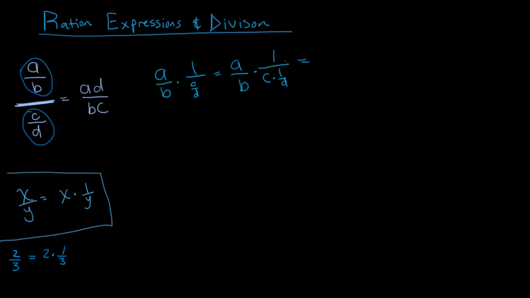There's really a 1 over d here, because if we take this 1 over c part, it's really multiplied by a 1 over d, so we'll rewrite that to stay organized: a over b times 1 over c times 1 over d.